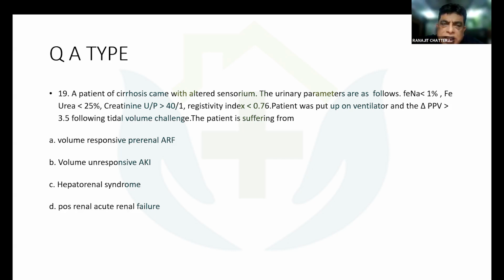You are giving a tidal volume of 6 ml per kg body weight on the ventilator, and seeing the change in the pulse pressure variation. If it is more than 3.5, that means the patient is volume responsive. If it were less than 3.5, the patient would not be responsive. So from here, the answer has arrived. The answer is A.